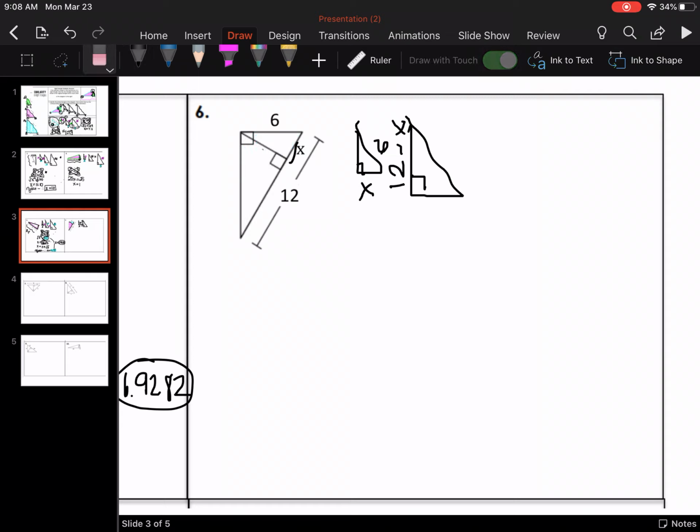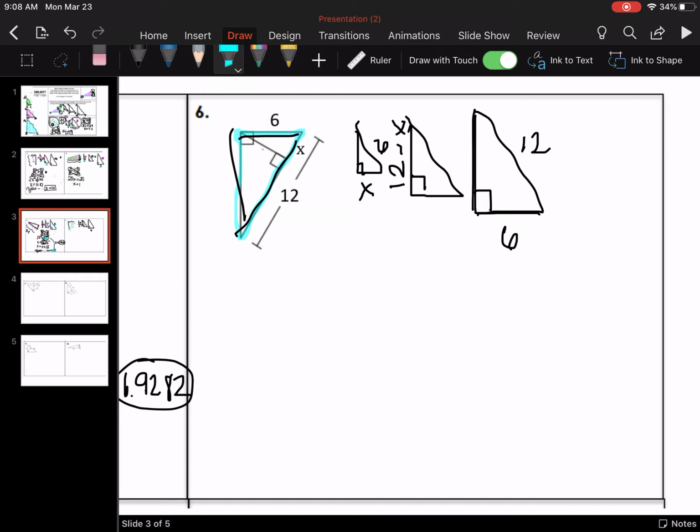So I'm going to erase this. Bigger picture is here. When you draw it, the right angle's on the left. The shortest piece is on the bottom, so the shortest piece here is 6. The leg here we don't know, but the hypotenuse is 12.